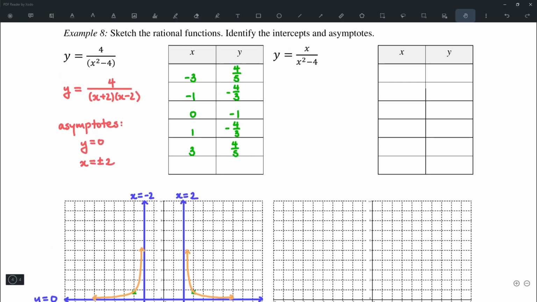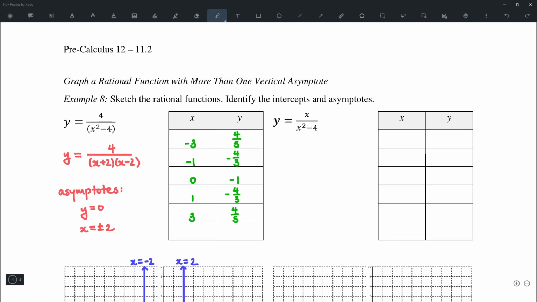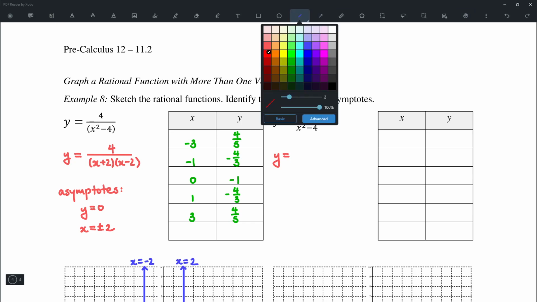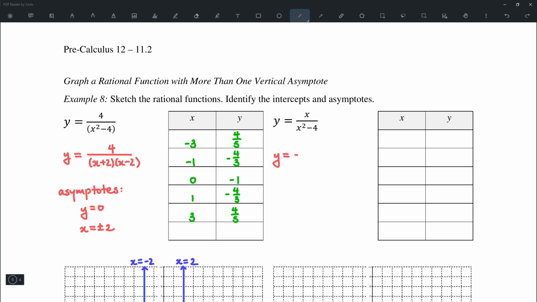So the next example is very similar. We end up with the same asymptotes of +2 and -2. And once again, the degree of the numerator is less than that of the denominator, so we also have an asymptote at y equals 0.